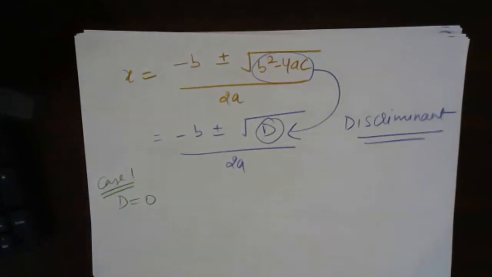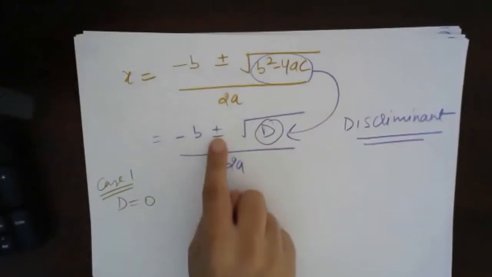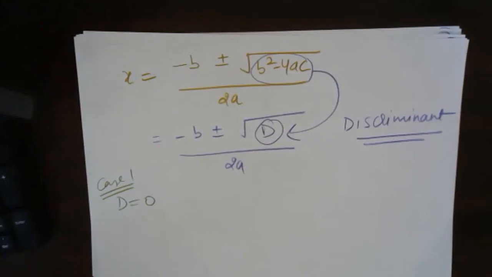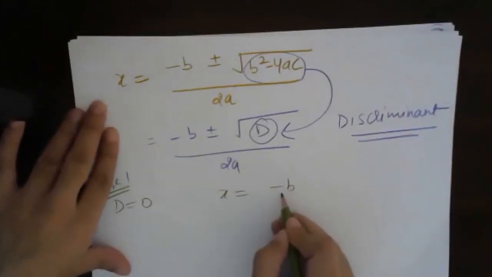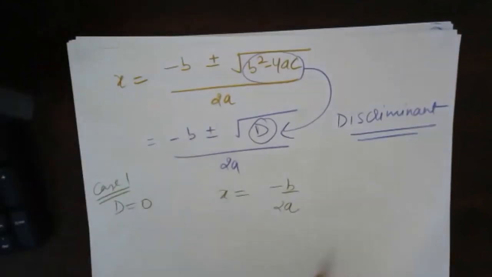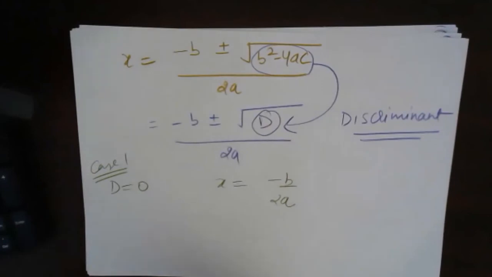What will be the value of x? Minus b by 2a. x will be minus b by 2a. This part will get removed, so plus minus 0 will not make any difference. So we will get x is equal to minus b by 2a. Only one value, because this is plus minus 0, right?